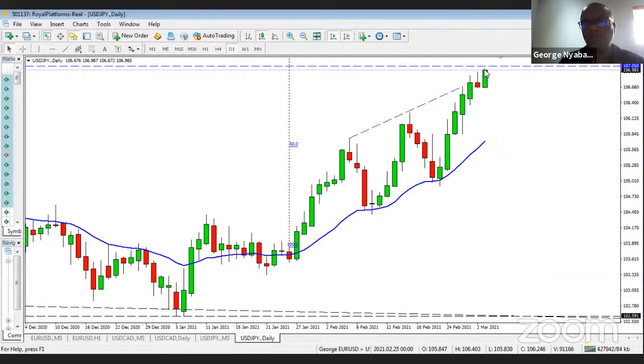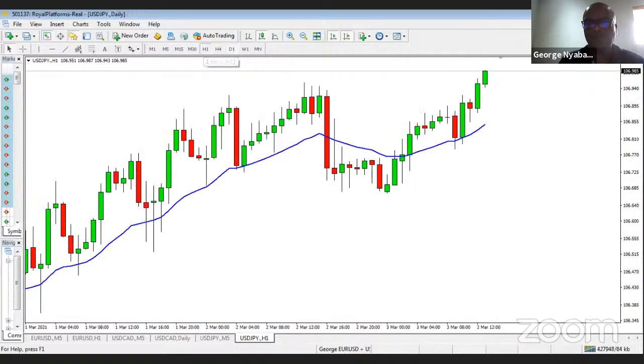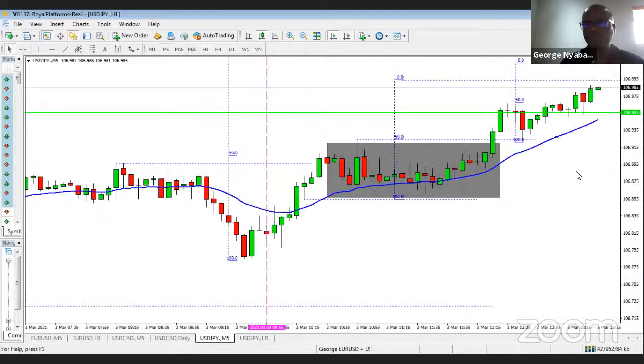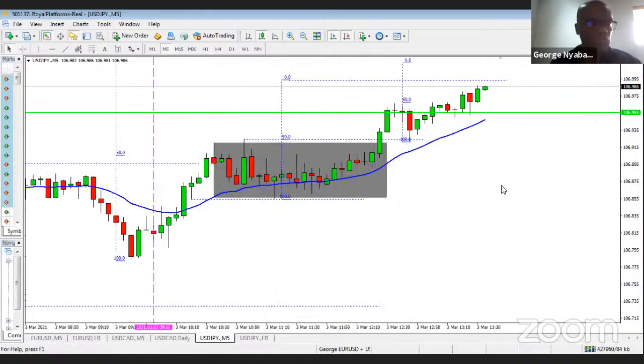Okay, so I put up the hourly time frame. Remember, I said always look at hourly to see if there's any information you might get. Again, just having a quick look before we start to wind down.